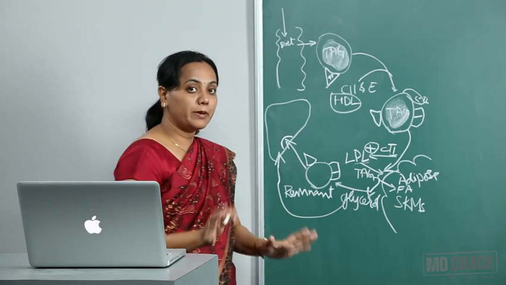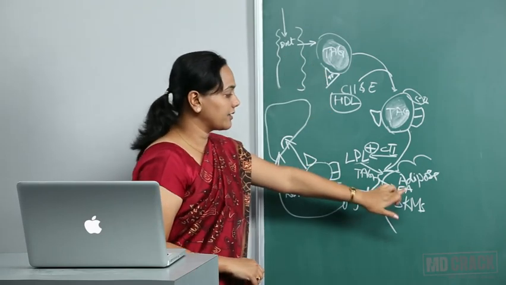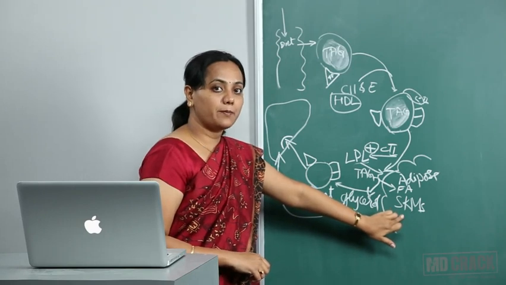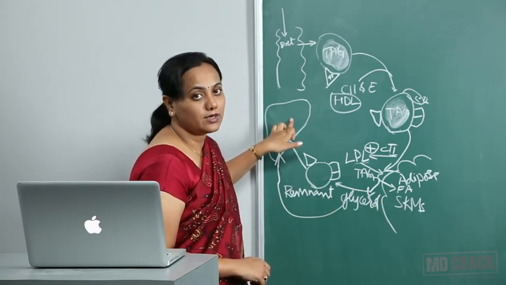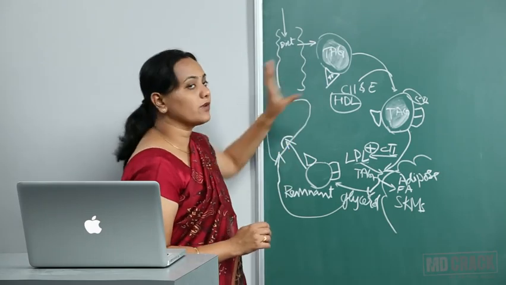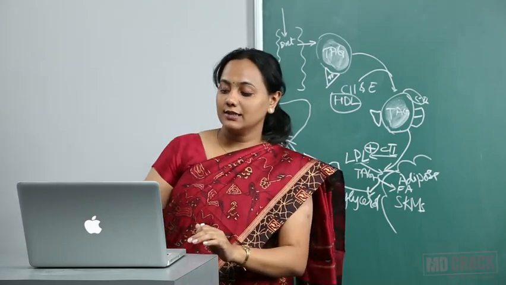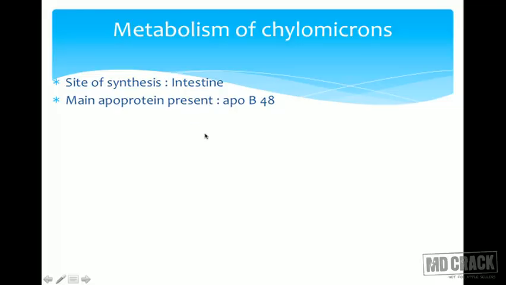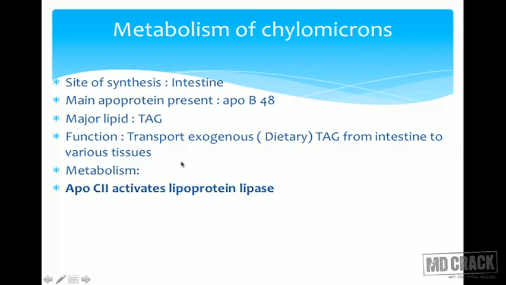So what has happened here? Dietary triacylglycerol has been transported to extrahepatic tissues and whatever is remaining has reached the liver. This is the main function of chylomicron: transport of exogenous triacylglycerol. The major lipid is triacylglycerol. Function: transport exogenous triacylglycerol from the intestine to various tissues.